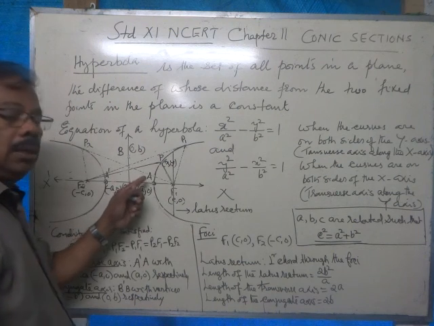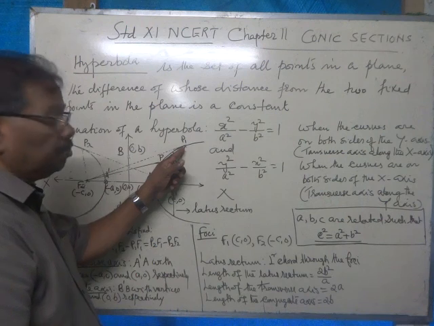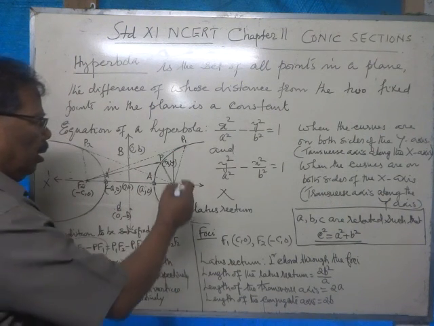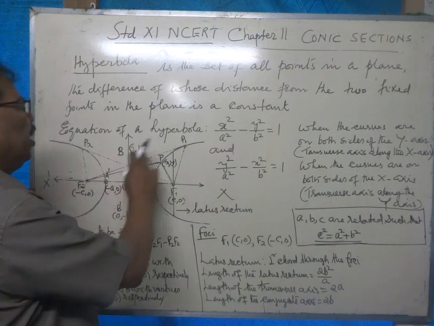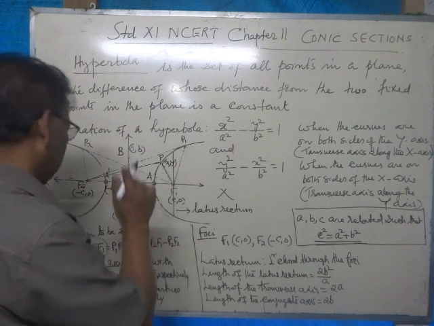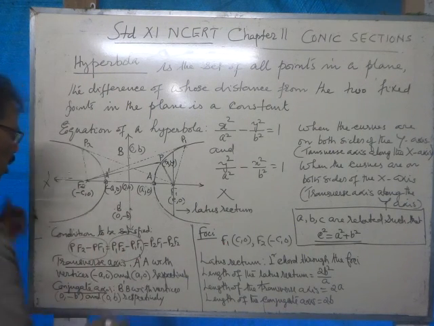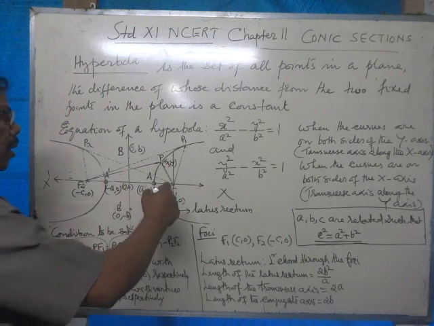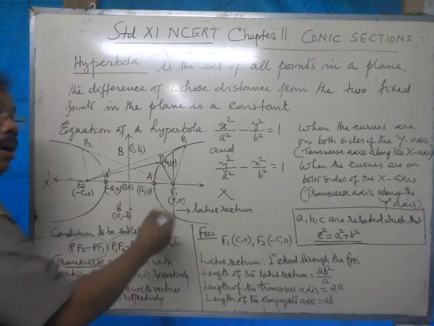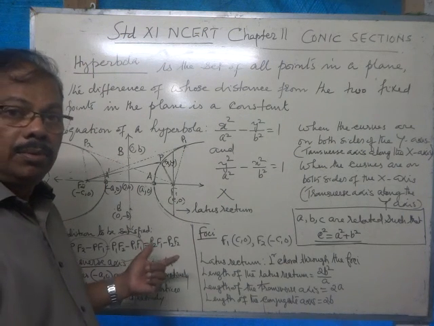Let that P take a position P1, then P1F2 minus P1F1, that difference is also calculated, and if these two are equal, then the curve of such form will give you a hyperbola.